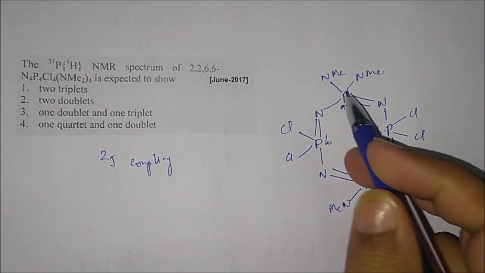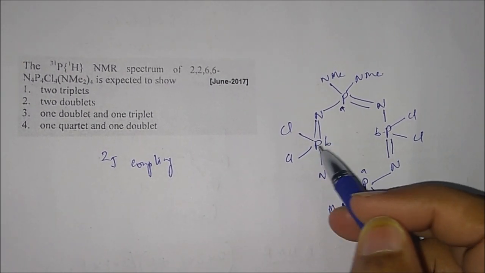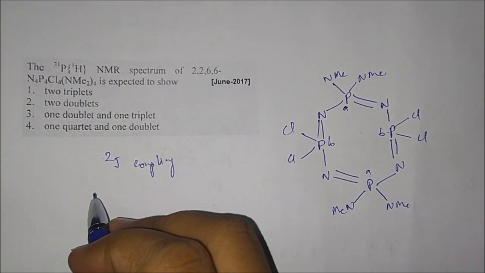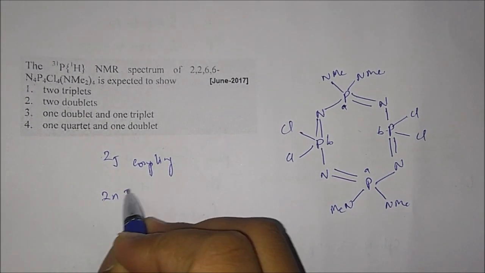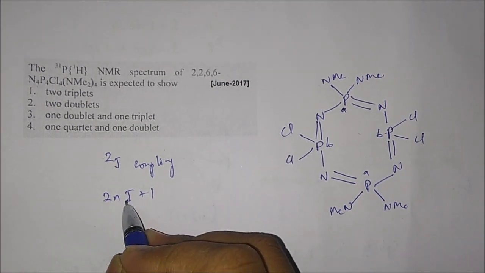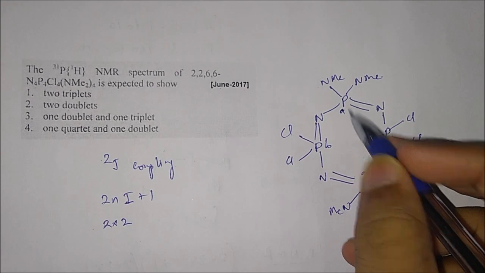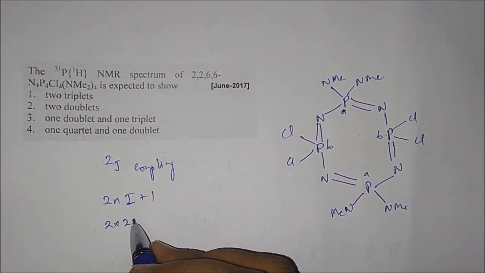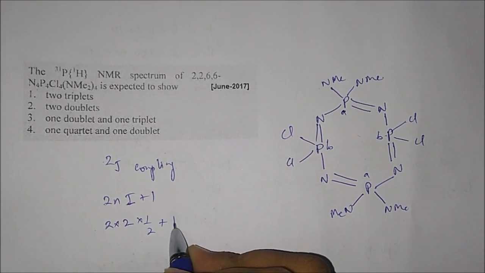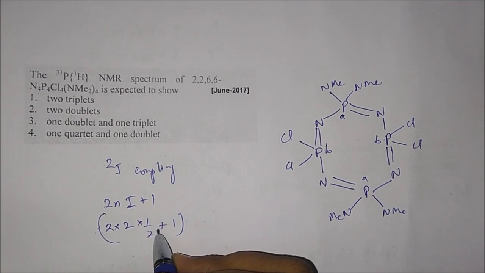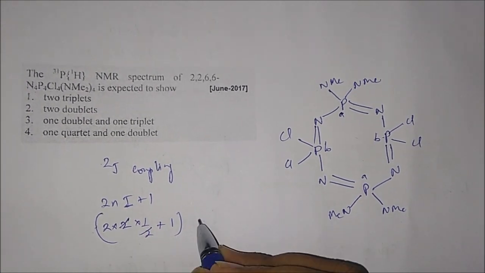So because of these two phosphorus, the splitting will occur in this phosphorus. The splitting will follow the formula 2nI plus 1. If I put in the values, n is 2, because we have two phosphorus causing the splitting. The value of I for phosphorus is 1 by 2, plus 1. So if I solve it, I will get 3.